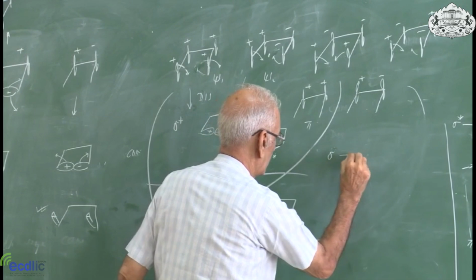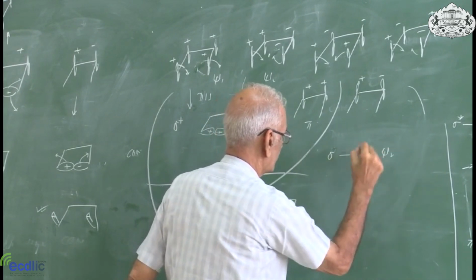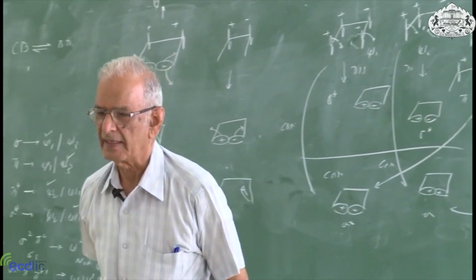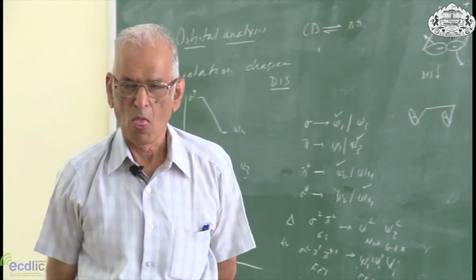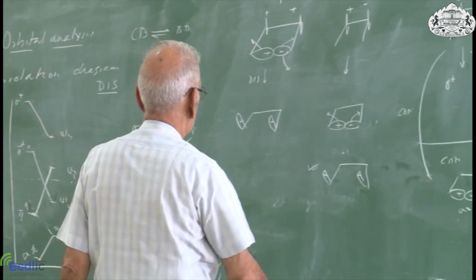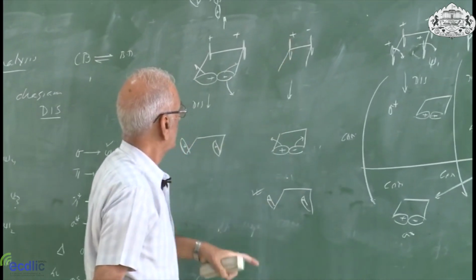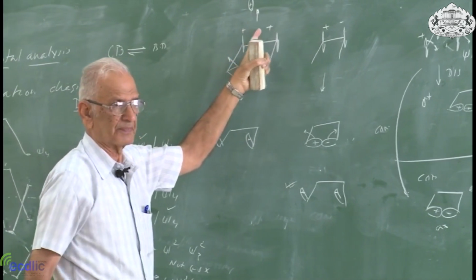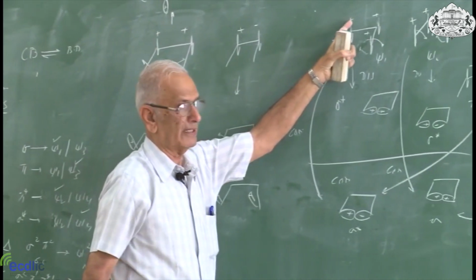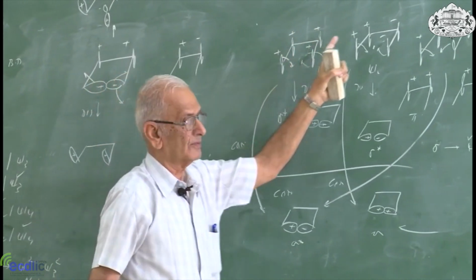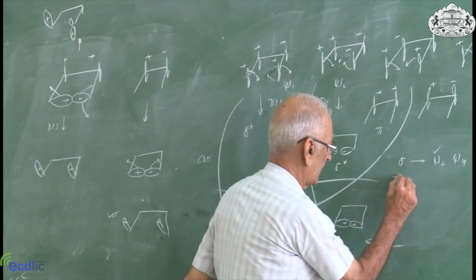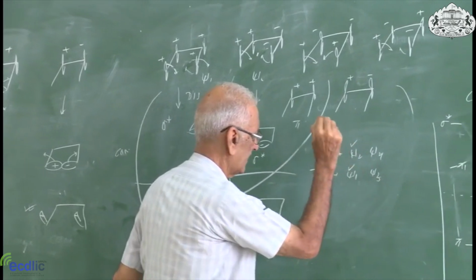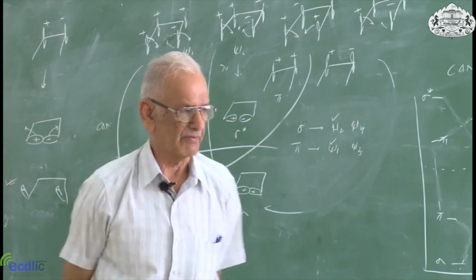Sigma will correlate with psi 2 or psi 4. Psi 2 is lower in energy, therefore, I correlate with psi 2. I look at pi orbitals. What do I see? Pi orbitals, same sign. Therefore, it can correlate with psi 1 or psi 3. Psi 1 is lower in energy.